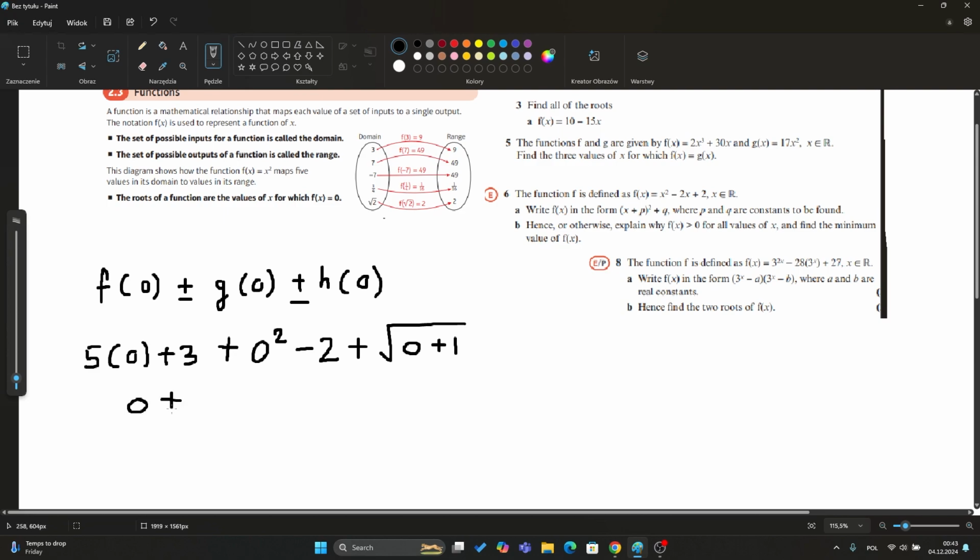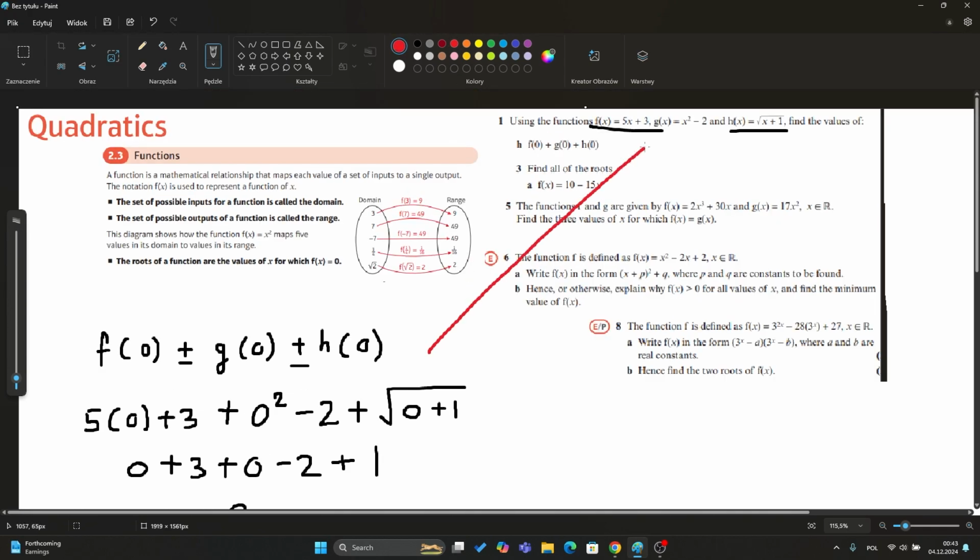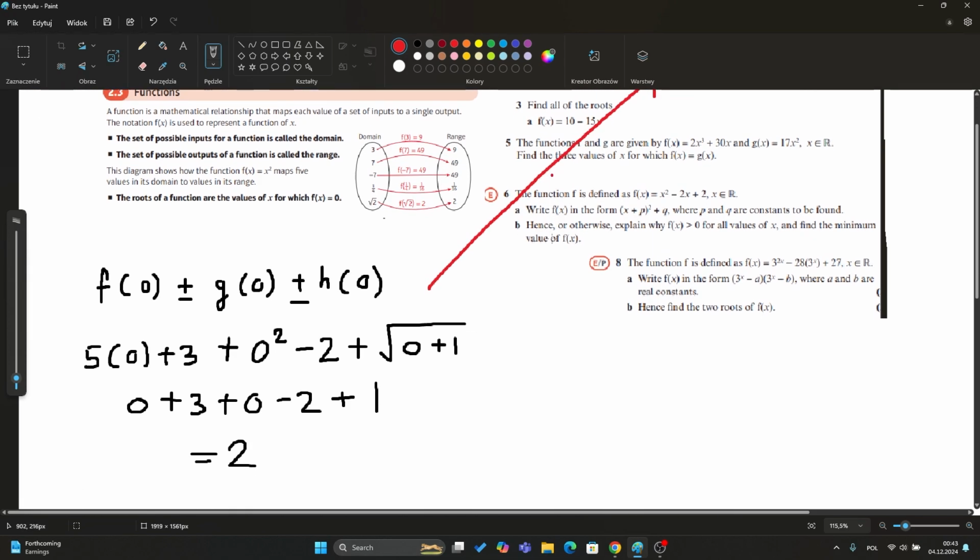So 0 plus 3, plus 0 minus 2, plus the square root of 1, which is 1. This will be minus 2. Oh no, actually plus 2. So the functions f of x, g of x, h of x all had x's to replace with 0 and have been added together to give us a value of 2.